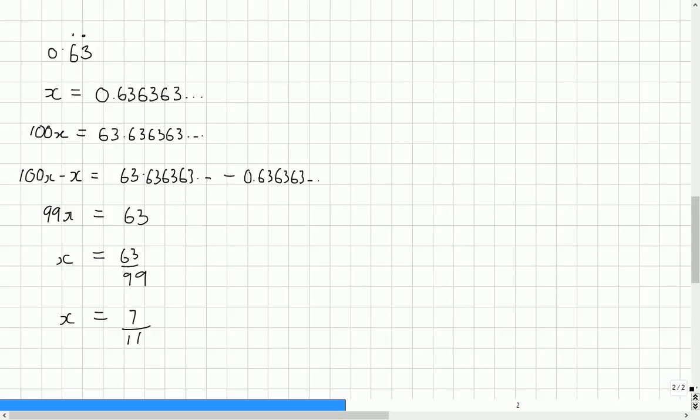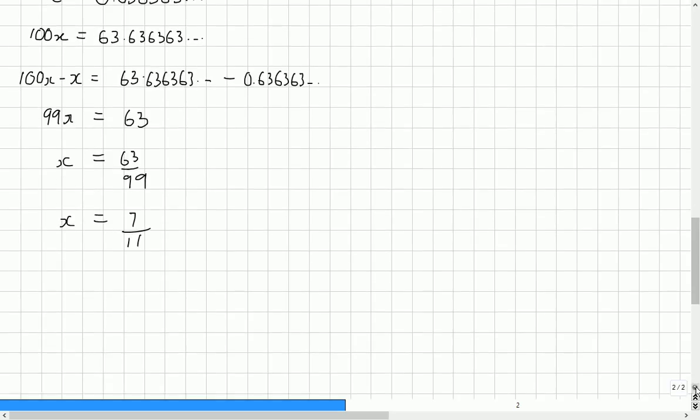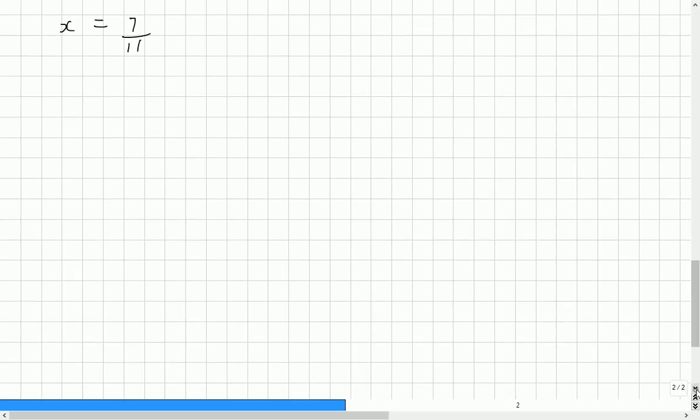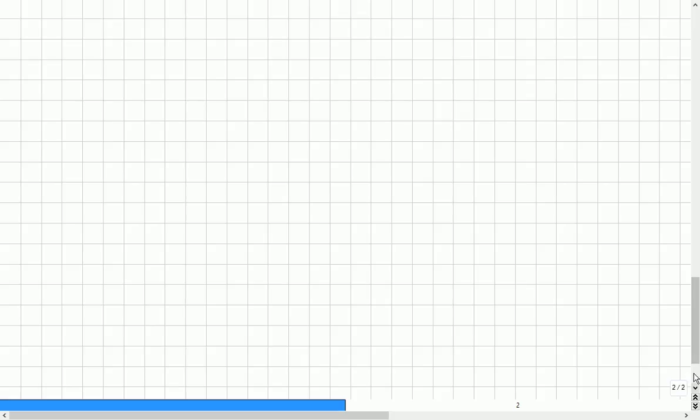Right, next one, next question, next example. Here we go. 0.132 recurring. So the 1 recurs, and everything between the 1 and the 2 recurs. So that means that x is 0.132132, and so on, carrying on like that.